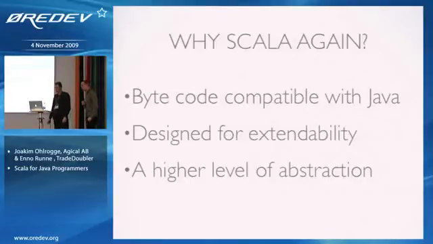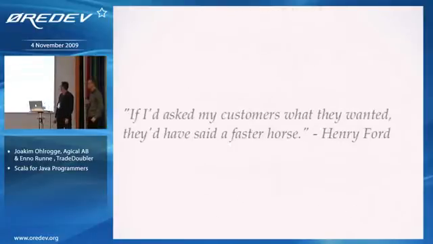So, the thing is that, as much as I hate to have a quote by Henry Ford here, so many bad ideas came into software development from Taylorism and so on. But one thing that he did get right, I think, is this quote, many others as well: if I'd asked my customers what they wanted, they'd have said a faster horse. And I felt a bit like that. I didn't quite appreciate all the new things in Scala that I had never used before.